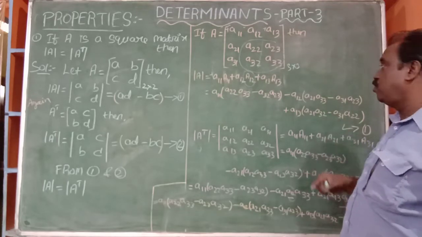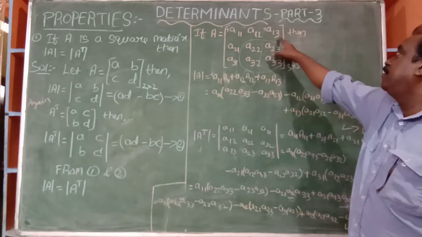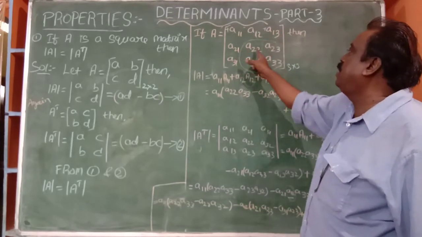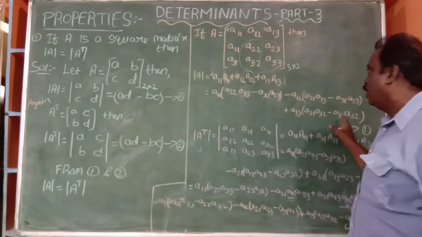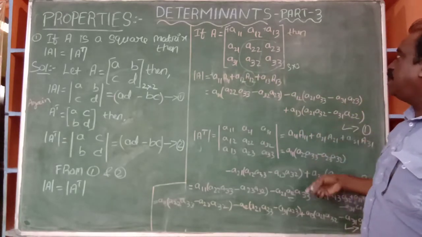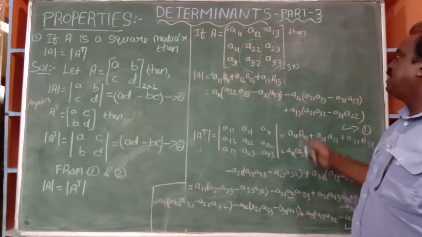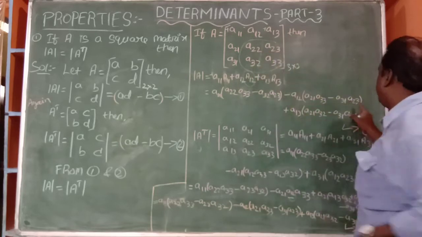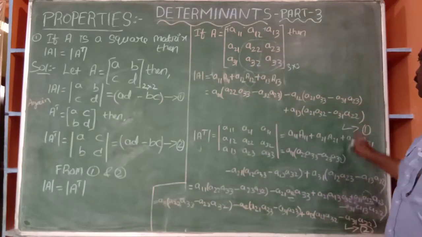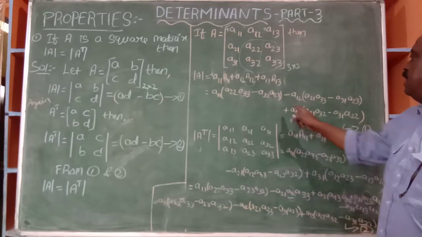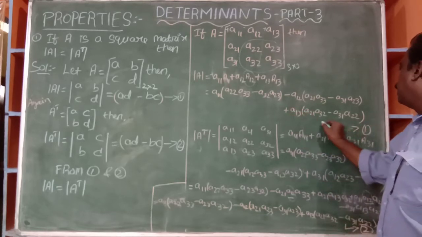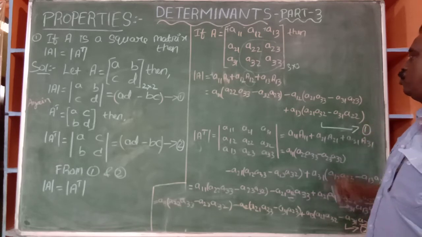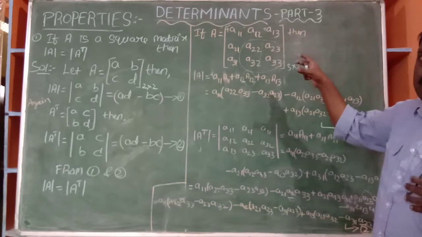We know it well, already we saw. Again, a13: with row and column deleted, a21, a22, a31, a32 remain. Here also it is a plus a13 times (a21 a32 minus a31 a22). Right. This is equation 1. So this is the determinant of the given 3 by 3 matrix.